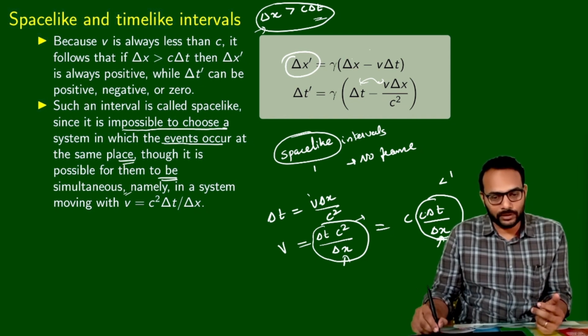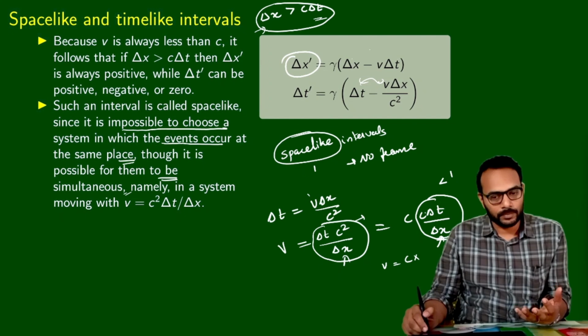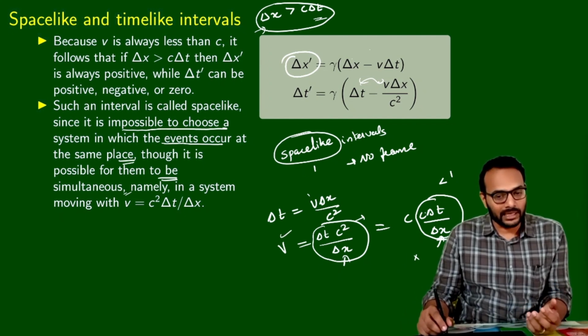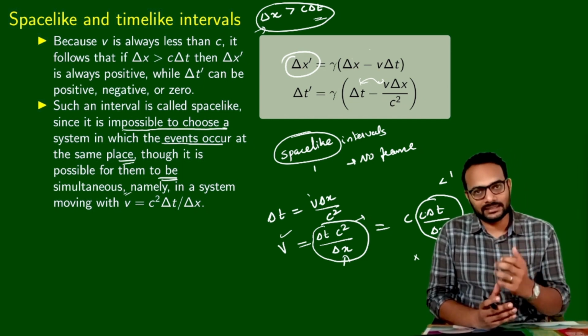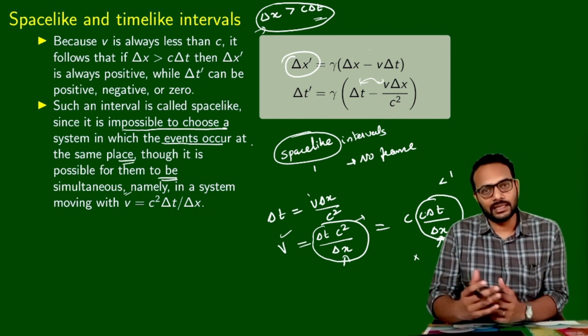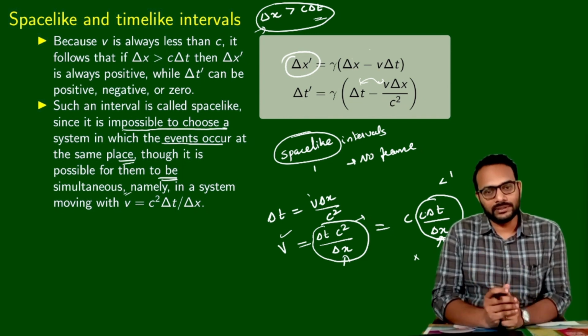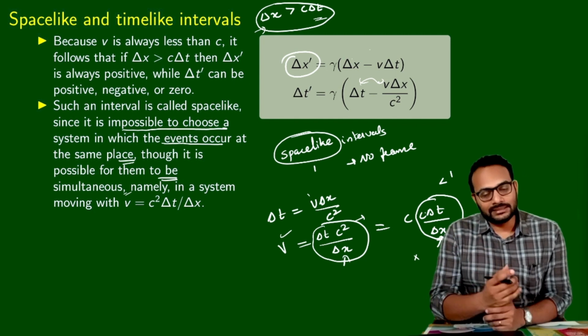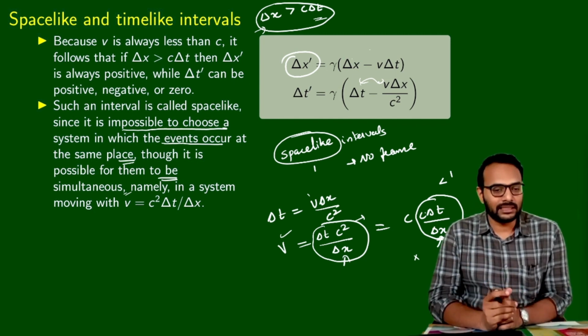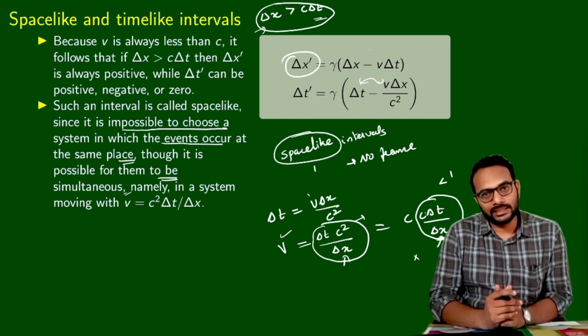So we have v equal to c multiplied by a number less than 1, which is less than c. So this velocity is allowed, and there exists a frame in which these events are simultaneous, but there is no frame in which these events happen at the same point in space. Events separated by such intervals are called space-like separated events.